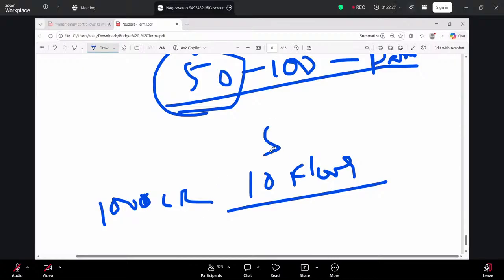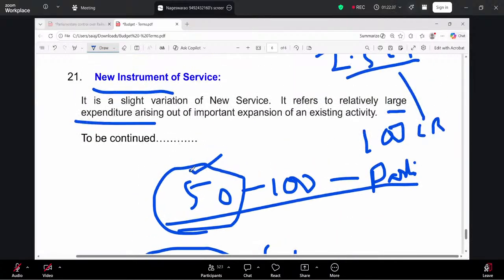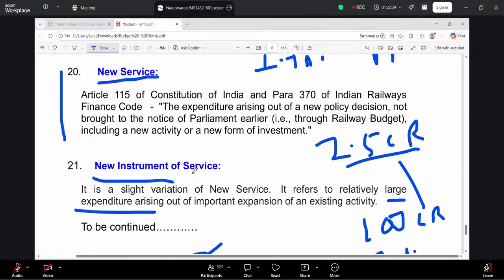But another 5 floors are being constructed, and that cost is 200 crores. So it is called new instrument of service. That means it is not new; it was already brought before Parliament, but a large expansion, not less than 100 crores, is called new instrument of service.